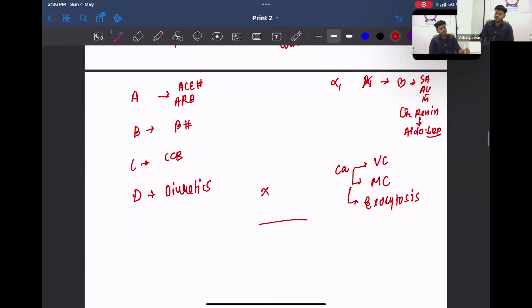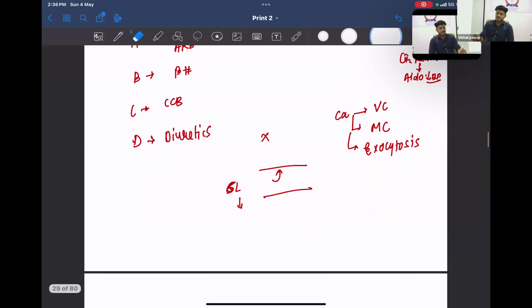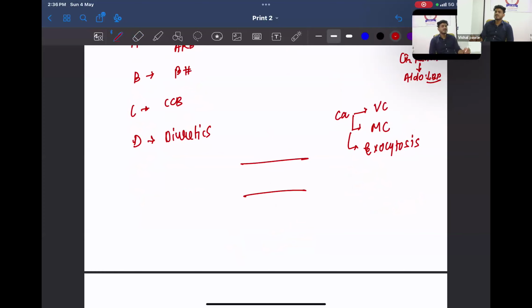What is going to happen? If fluid is decreased, suppose earlier it was 5 liters, and someone is having 6 liters. What can you do to decrease the BP? There are only two possibilities to decrease the BP of a person. Look here. Someone is coming with hypertension. Hypertension means the pressure exerted by blood on the wall of the vessel, right? And this patient is having 6 liters of blood. How can you decrease the BP of this person?